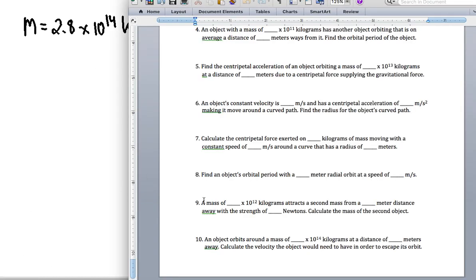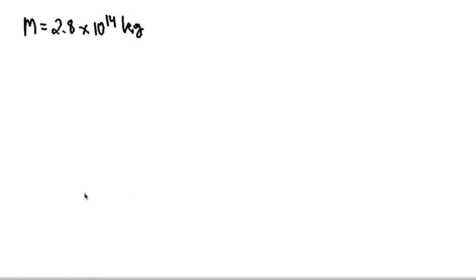At a distance of blank meters, let's make it a larger distance this time. Let's say 825, or I guess 56 meters.